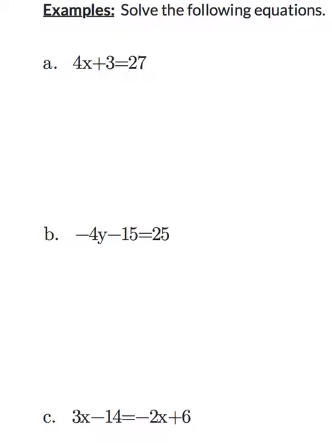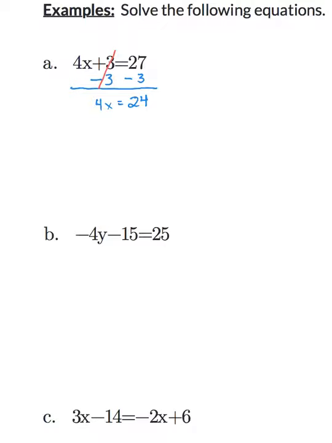In order to get rid of this, I want to subtract 3. The opposite of adding 3 is subtracting 3. So if we subtract 3 from both sides, my 3's cancel on the left, leaving me with just 4x. And 27 minus 3 is 24. That takes care of that step.